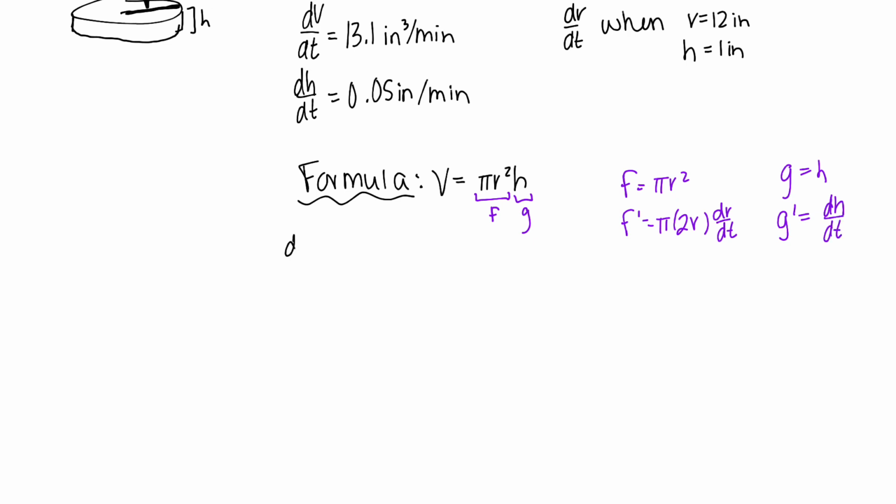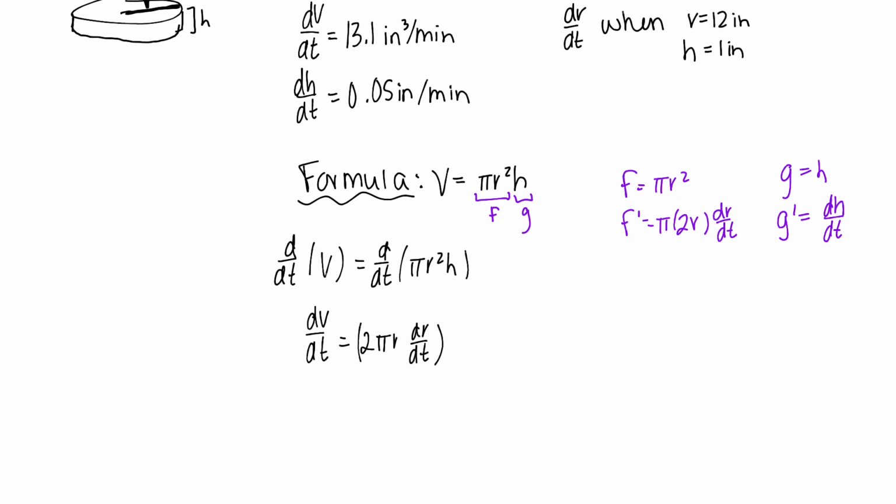So differentiating both sides with respect to time, we get dV/dt is equal to, now it's f prime g, so this will be 2 pi r dr/dt, that's f prime, times g which is h, plus g prime, so dh/dt, times f, pi r squared.